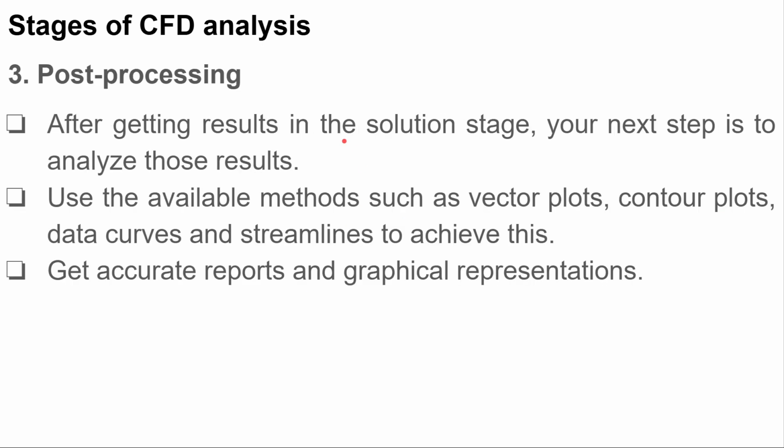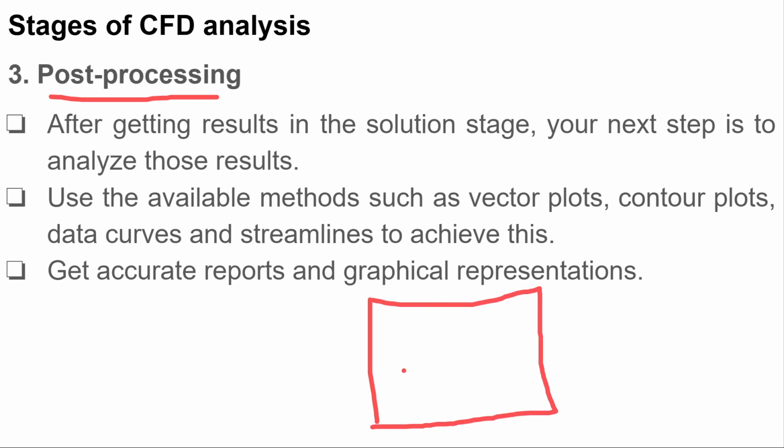After solution processing, the final step is called post-processing. In post-processing, we just visualize the result. We have a geometry, and after applying inlet and outlet conditions, the fluid behavior changes. Suppose this is the fluid which is flowing in this way.